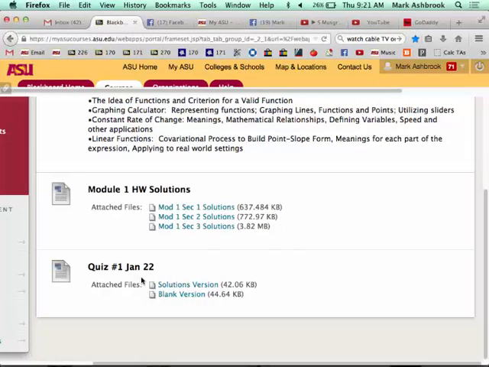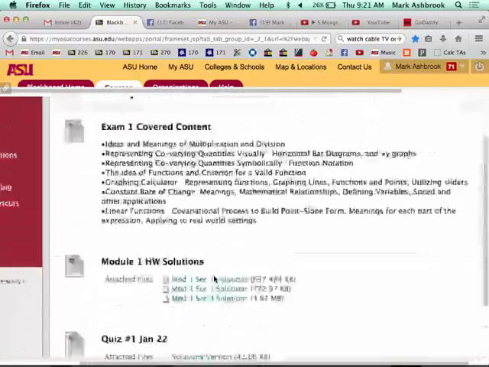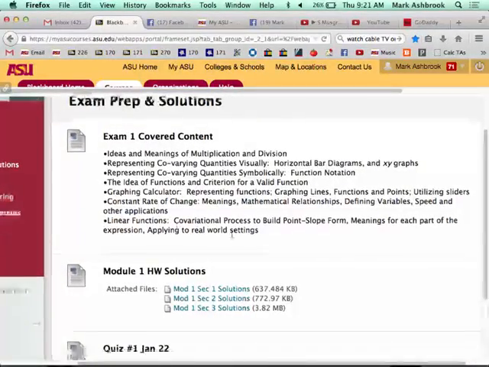That's quiz number 1. And after all the people who haven't taken the quiz have taken it, I'll post the same thing for quiz number 2 today. So you'll have full solutions for all the homework and both quizzes by the time Monday or Tuesday comes around, and then you've got this bullet point outline.